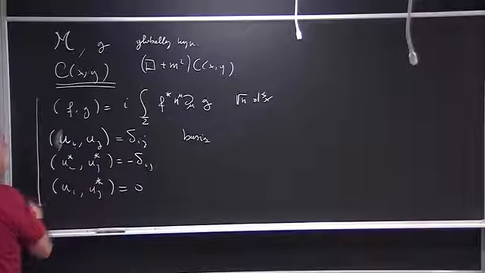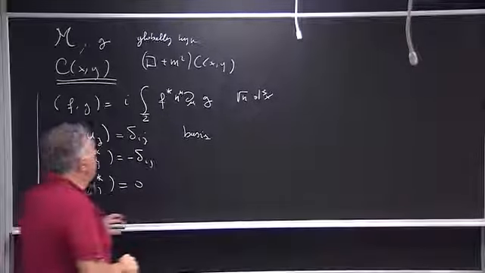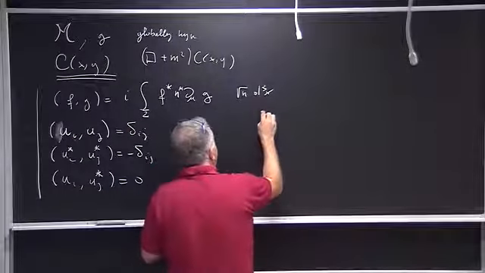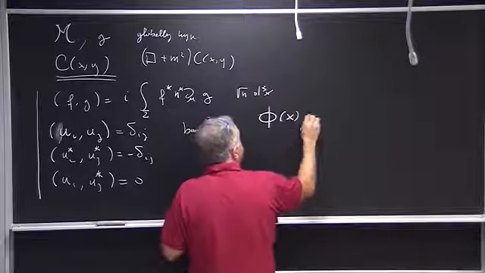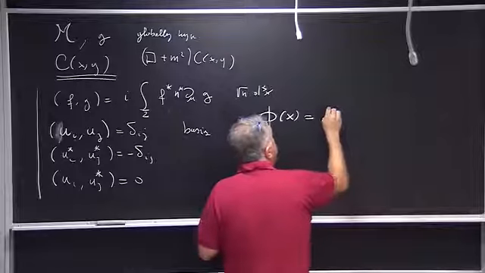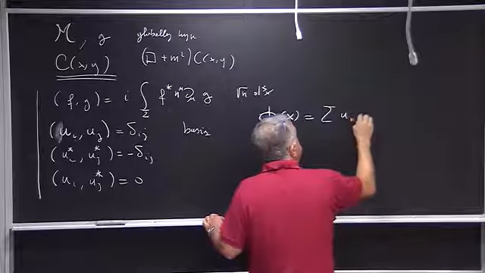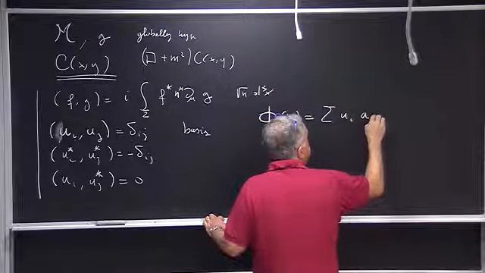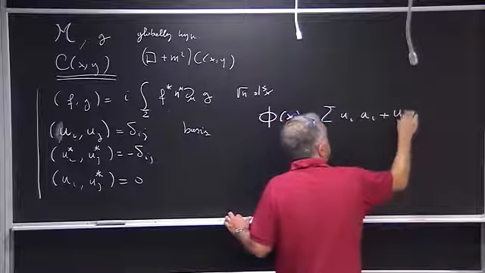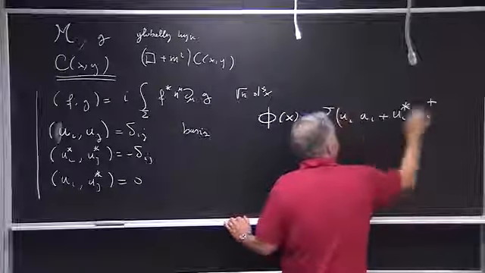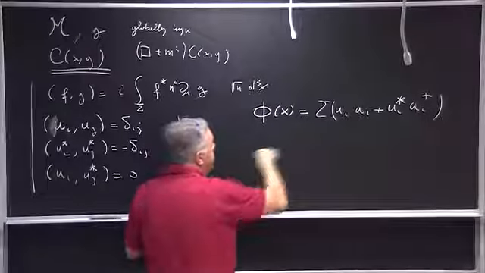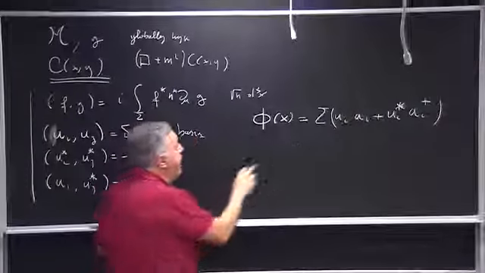This recipe, together with, so now you are going to write the quantum field this way as an expansion on the basis. And in this recipe, as you see, there is no hat yet.